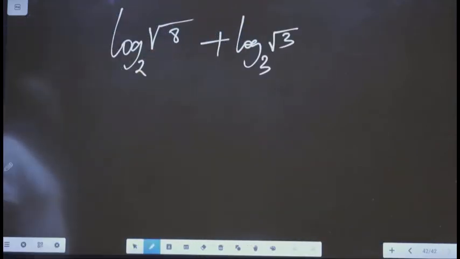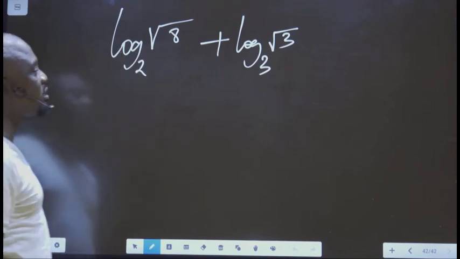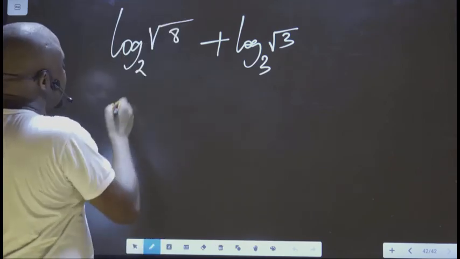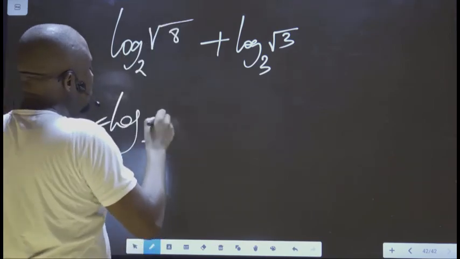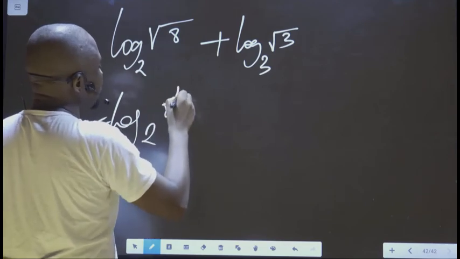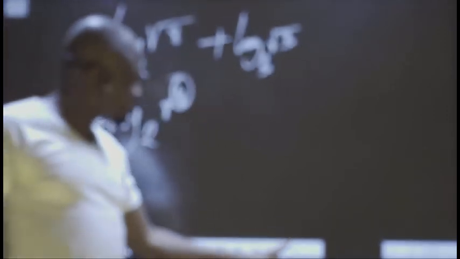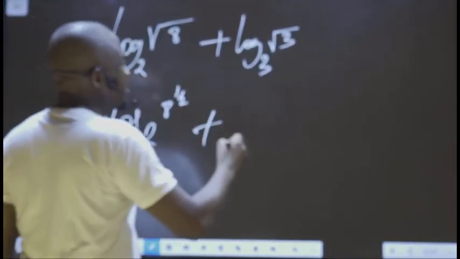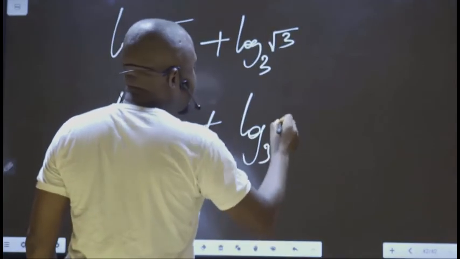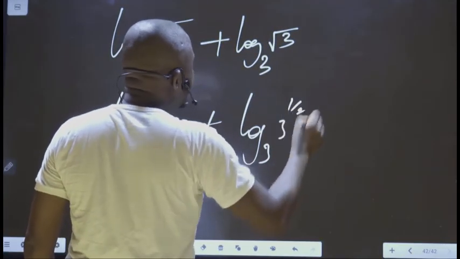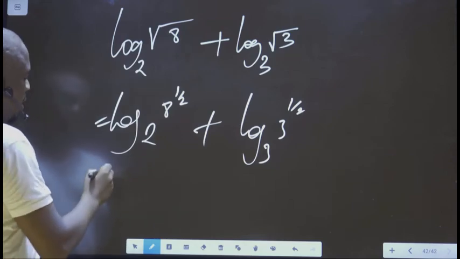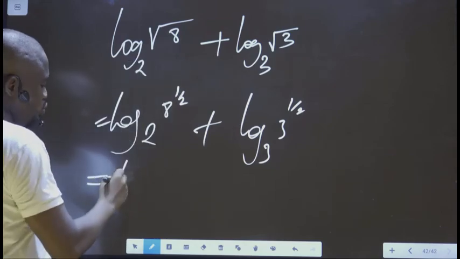Finally, let's look at this. This simply says what? This also means log 2 raised to the power 8 raised to the power 1 over 2. That is the meaning of this square root. Square root means raised to the power what? 1 over 2. Okay? Plus 3, 1 over 2. Therefore, you agree with me that this alone will produce 1 over 2.